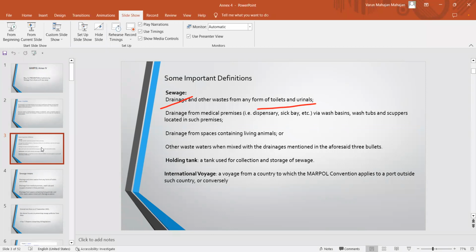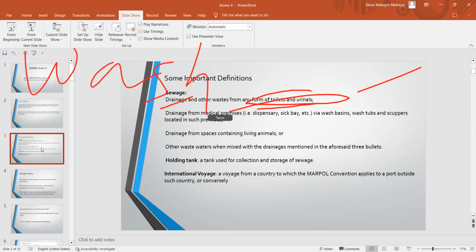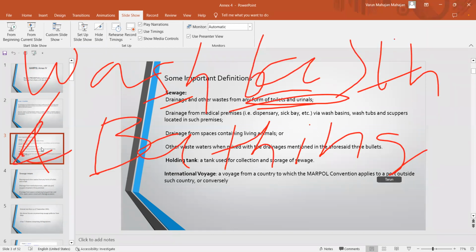What about your wash basin and bathing area? Not sewage. It is grey water. Whatever is coming from our wash basin and bathing area, those drains are known as grey water.